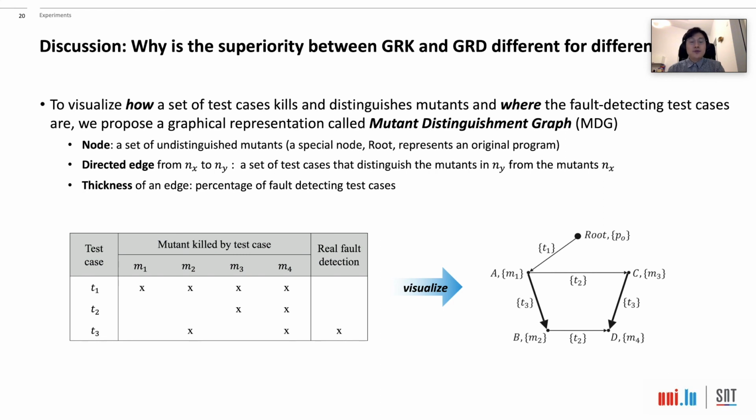We have a root node, and T1 distinguishes all the other mutants from the root, as T1 is the killing test case that kills all the mutants. We can also see that T3 distinguishes M2 from M1 and M4 from M3, and the thickness of these edges is thicker than the others because T3 is the fault detecting test case.